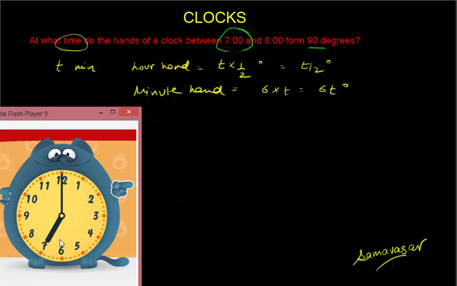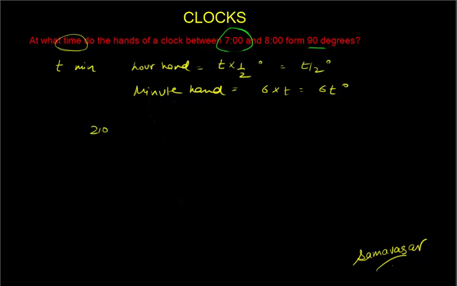Now in this, the hour hand is moving forward and your minute hand is trying to reduce the degrees, while the hour hand is trying to increase the degrees. So initial is 210 plus the hour hand is trying to increase, that is t by 2, minus the minute hand is trying to reduce, minus 6t.